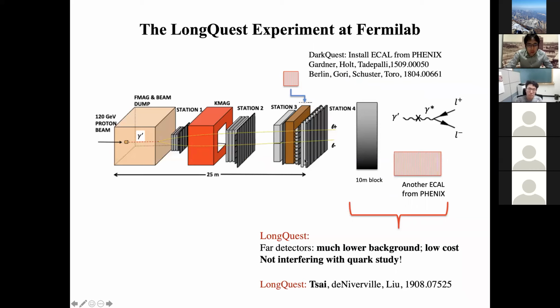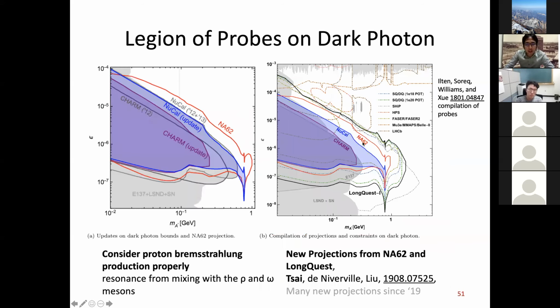Previously we did one, which I call LongQuest one, where we add some particle ID to study the long range particle. This one is a little bit far away, so I don't have a sensitivity plot yet. But it's very similar to LongQuest one, a little bit lower, so it will be cleaner and the background will be better. So you can reach smaller epsilon, but you also lose some sensitivity because some particles already decay away, so the upper curve will drop down a little bit. So the parameter range is a little bit lower.